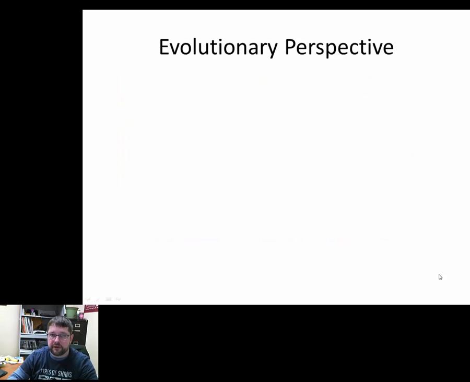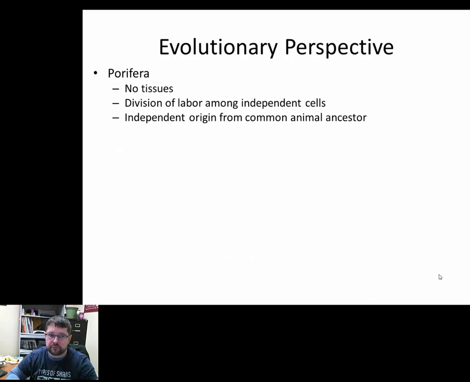So first I want to talk about Porifera from an evolutionary perspective, along with some other groups that are kind of linked in the same grouping as Porifera. So first of all, Porifera, they have no tissues. Okay, so the cells that they do have are independent, and so they have independent labor.